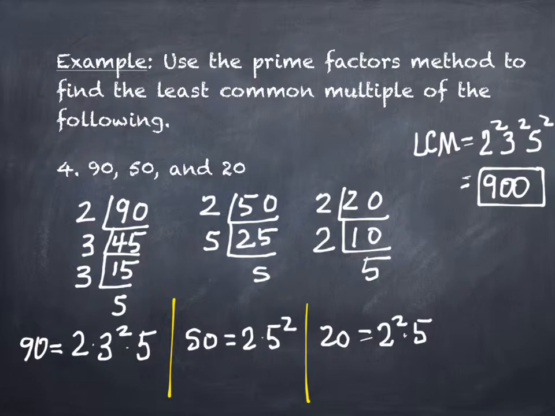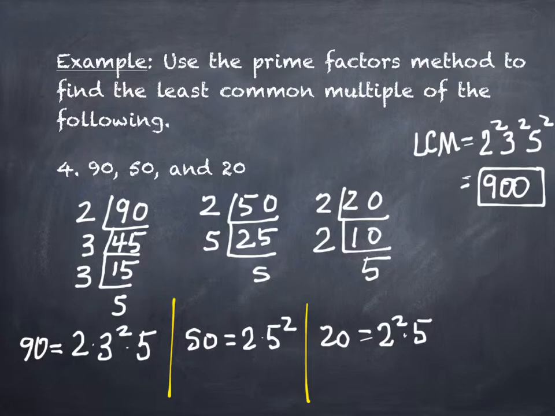Is that okay? So that means that's the smallest number that all of them can multiply something by and equal. Exactly. So 90 would be multiplied by 10 to get 900. 50 would be multiplied by 18 to get 900.